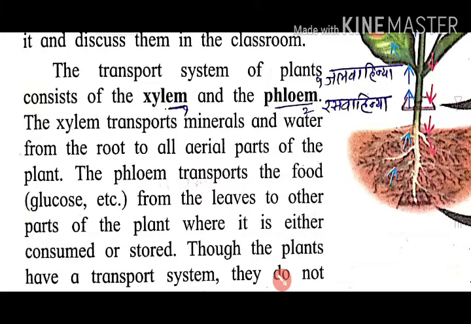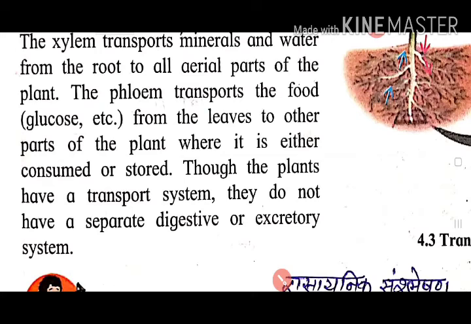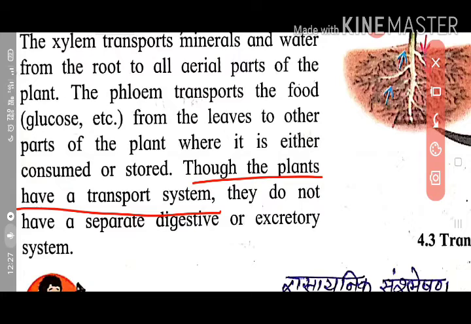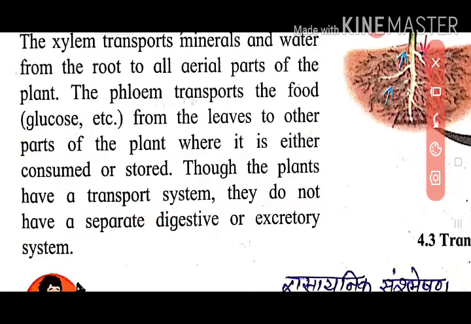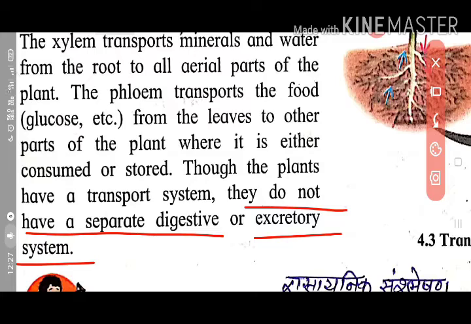Though a transport system is present in every plant, they do not have a separate digestive or excretory system. In human beings and animals, we know that in our body there is a digestive system.